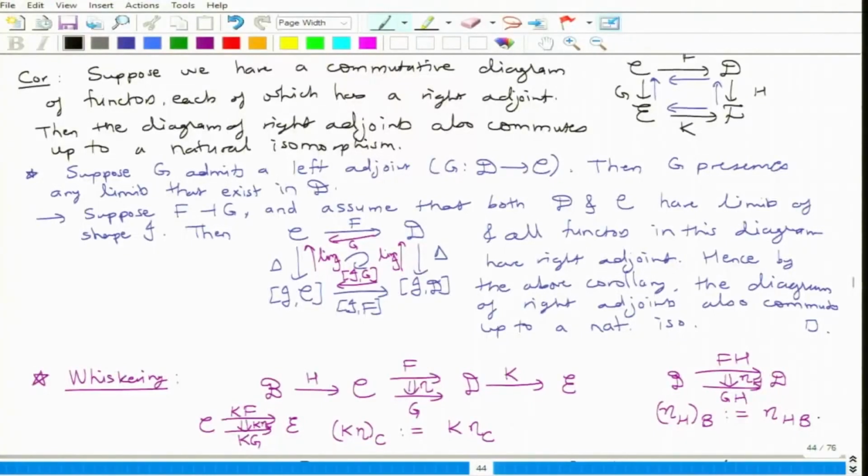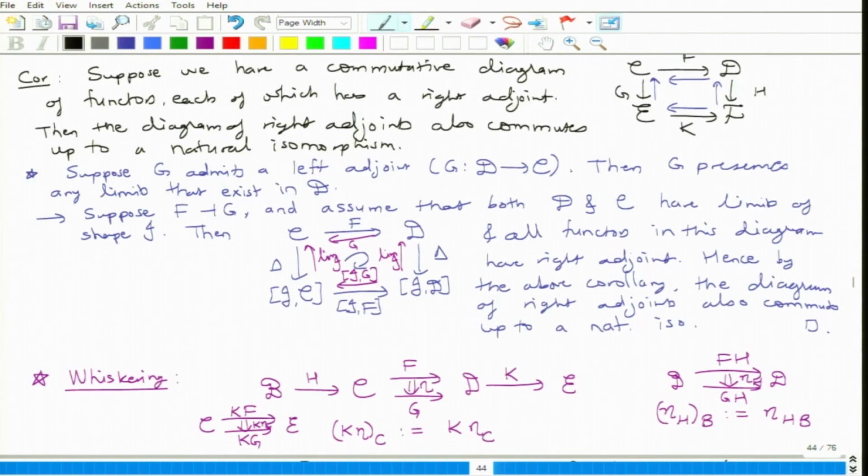And now this brings us to one of the most important theorems in category theory, that is the converse to this. Look at this result in blue. Suppose G admits a left adjoint, then G preserves any limits that exist in D. Now actually, when we say any, we are used to talking about limits of small shape.